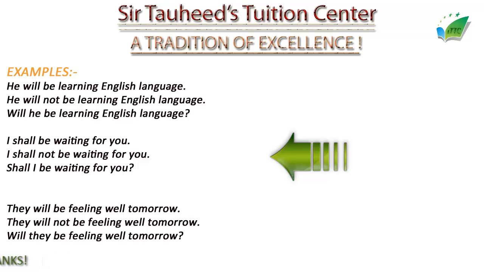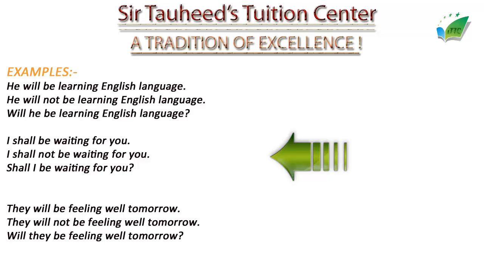So the subject is I here, and as we know that after I or we use shall be. So since here the subject is I, we will use shall be as helping verb. After helping verb we have to use fourth form of verb, and the work here is waiting. Here the action is of waiting.